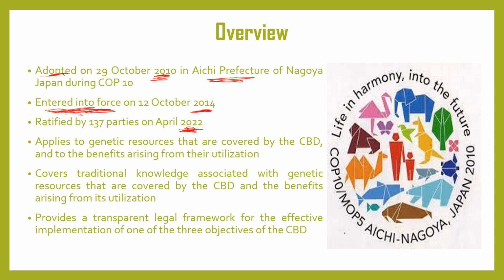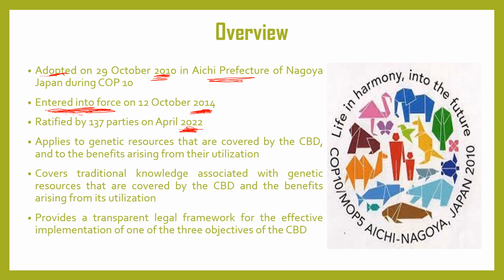Ratified means that any signatory to a protocol has signed it, that is in 2014, but after signing it, every country has to actually get permission, a green signal, from every layer of a democracy.